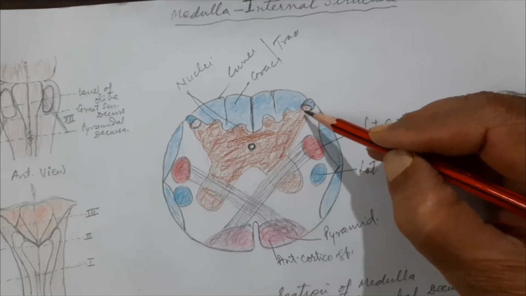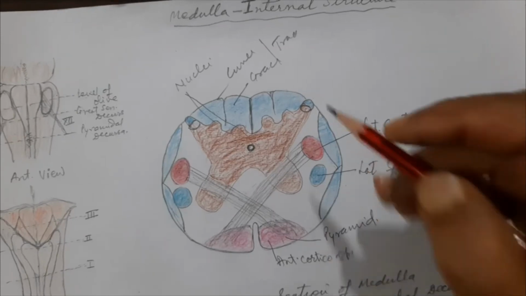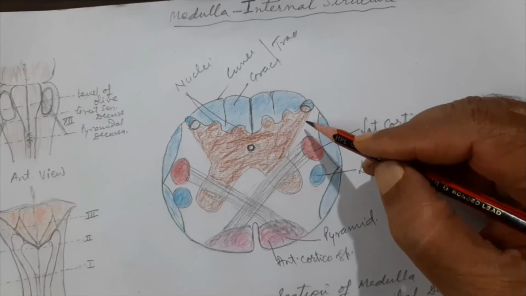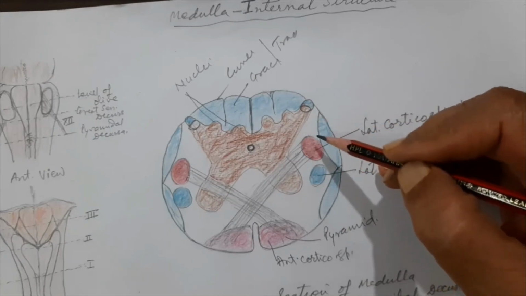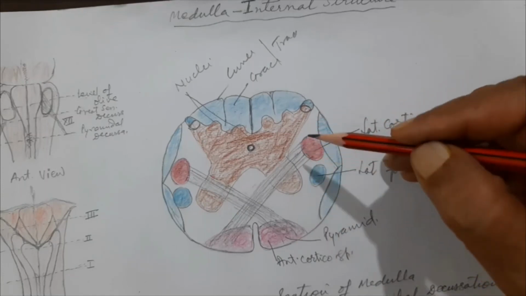That means they will ultimately send the sensory fibers to the trigeminal nuclei, which are located at the level of the pons. This is the beginning of the spinal tract of the trigeminal nerve, and this tract is seen at this level.